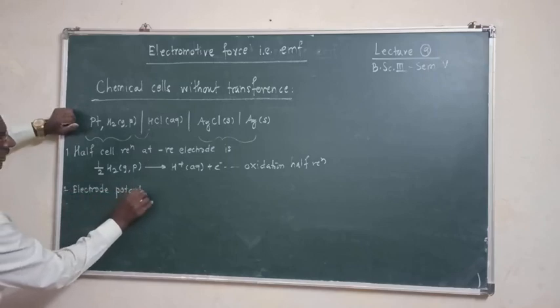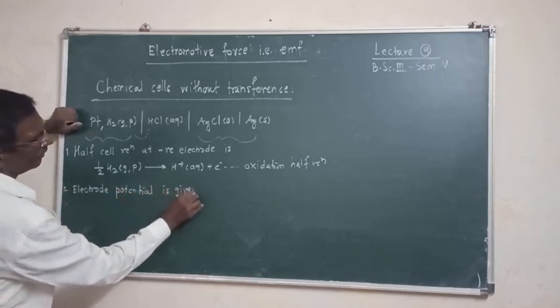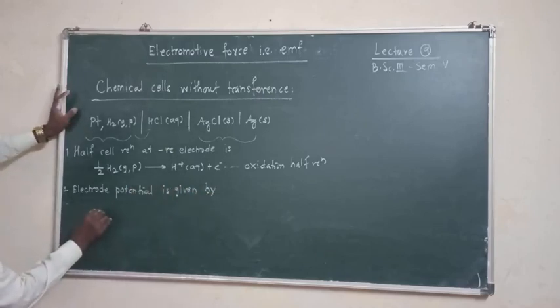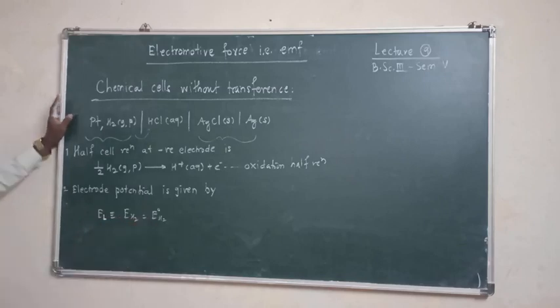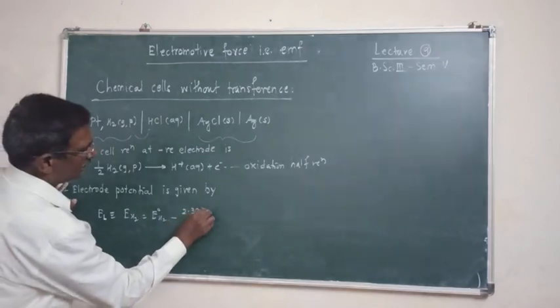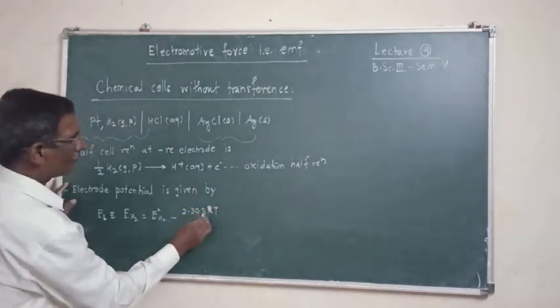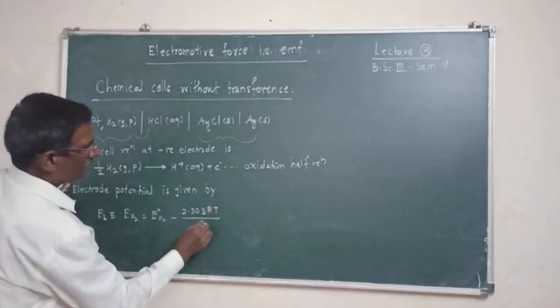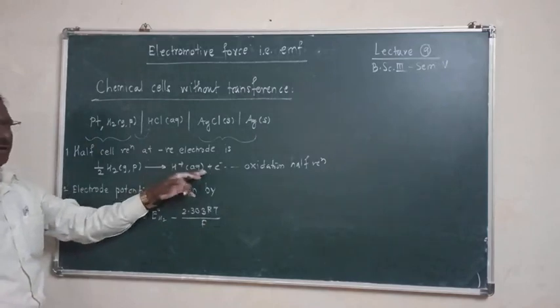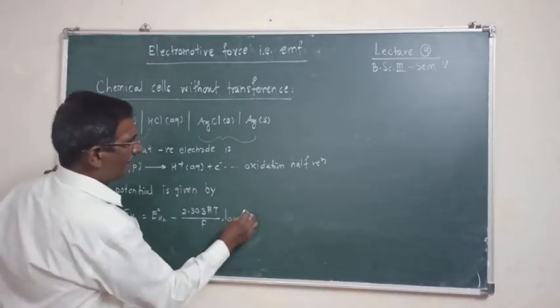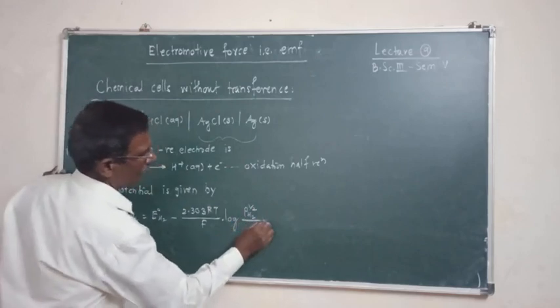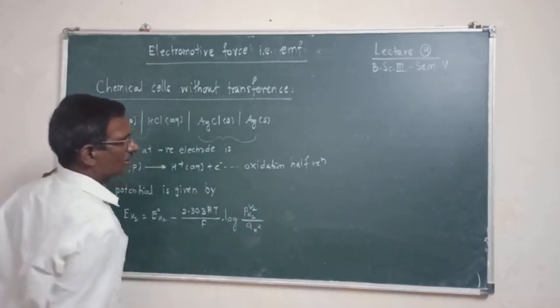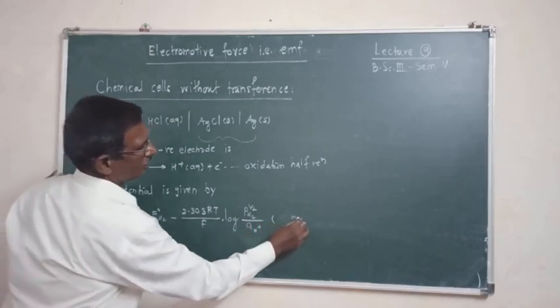The electrode potential is given by E H2 = E0 H2 minus 2.303 RT upon F, because the value of n is 1, into log of activity of reducer state upon activity of oxidizer state, that is activity of H+ ions, since n is equal to 1.